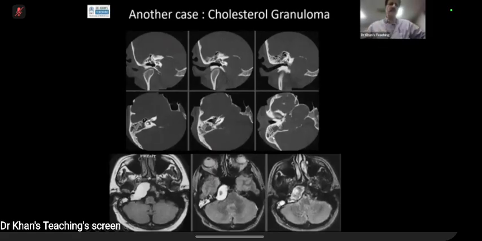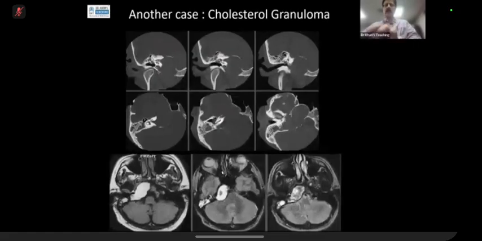Another example, I think from the American College of Radiology, is causing this huge expansile lesion, and you can see there is a bit of a hemosiderin rim. Cholesterol granuloma.